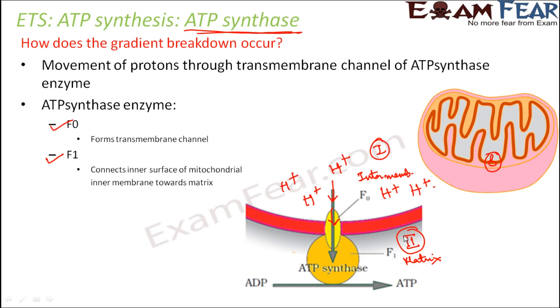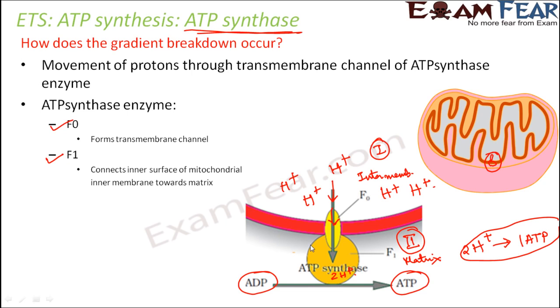As a result, the gradient breakdown will occur, and a lot of energy will be released, which will be utilized for the phosphorylation of ADP to form ATP. It has been observed that 2 H plus ions are required to pass through the membrane to produce one molecule of ATP. When 2 H plus have reached here, ADP can get converted into ATP. So this is how ATP is synthesized.